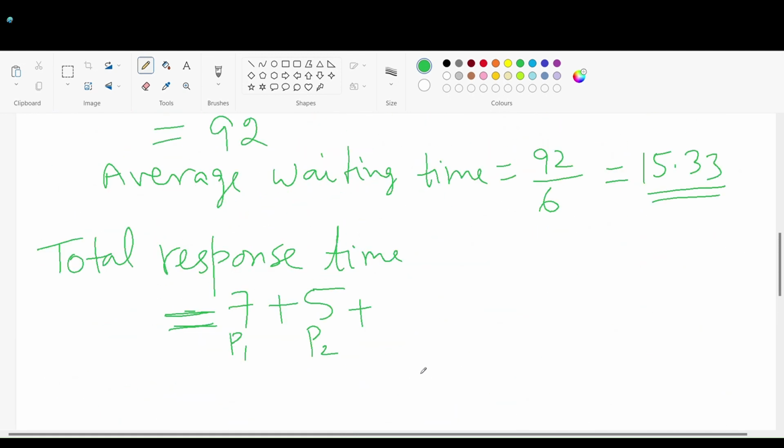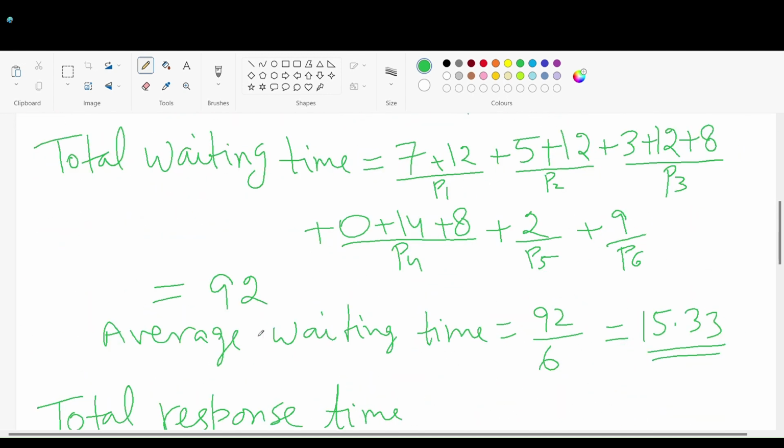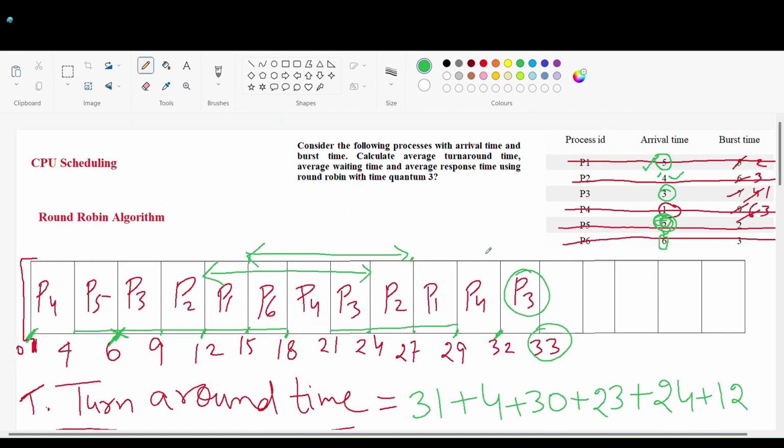So 6 minus 3 is 3. So 3 is the response time of P3. Then P4 enters the system at 1 and starts the execution at 1. So the response time of P4 is 0. So it will start immediately when it arrives.